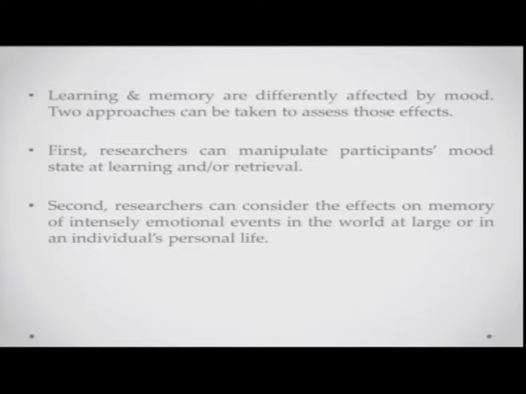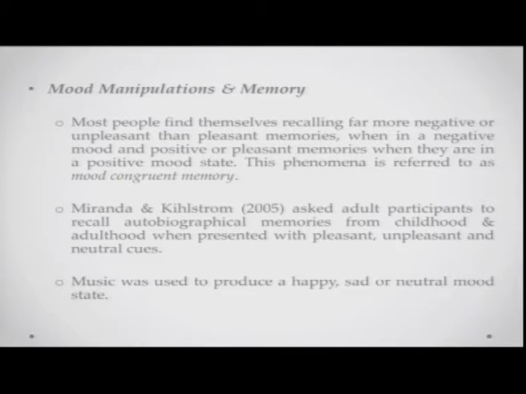So what kind of highly emotion-provoking events have happened and how have they affected your memory, that is one. And the second is you can take an individual, manipulate the mood state and see how the memory of particular things will be. So we will talk about mood manipulations first.